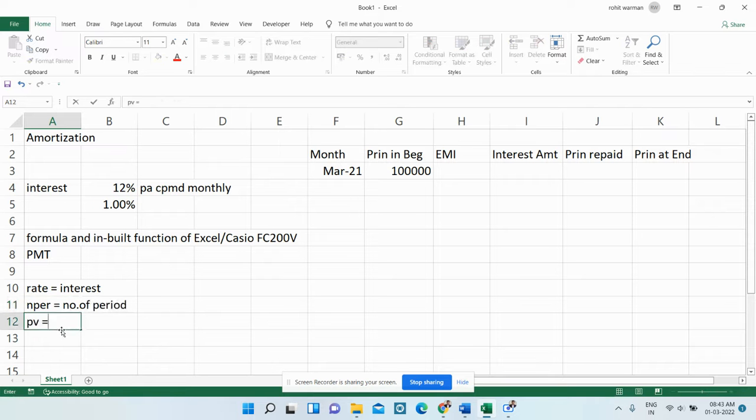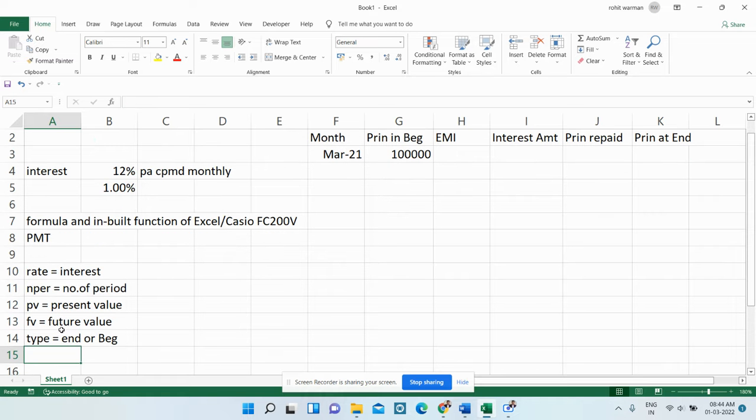Then you will find PV equal to present value, FV equal to future value, and then you will find type, whether the mode is end or beginning. I'll explain all the things.